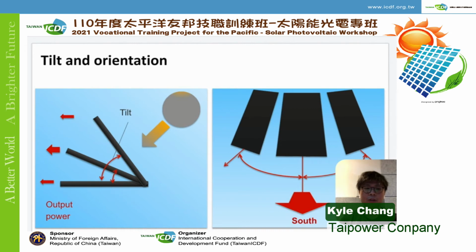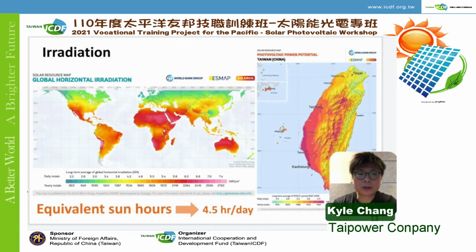So far, I think we have discussed the best orientation of a PV system at which a PV module receives the most light. And next, let's consider irradiance. To calculate the average power density per day, we can use this map, which shows the average yearly solar irradiance across the whole country.